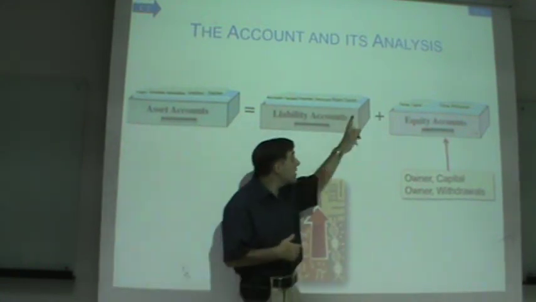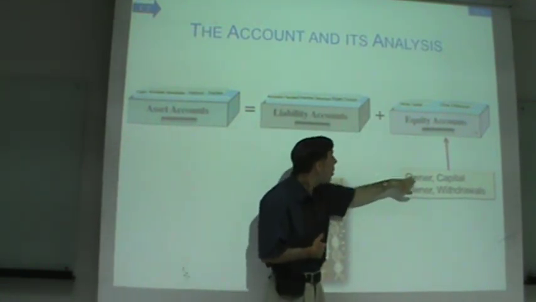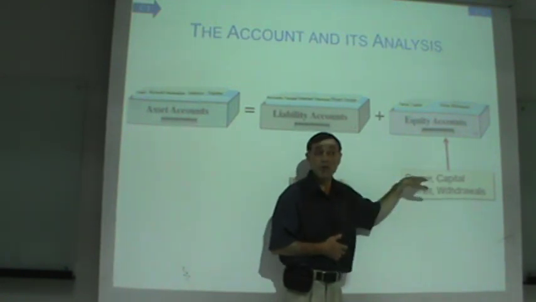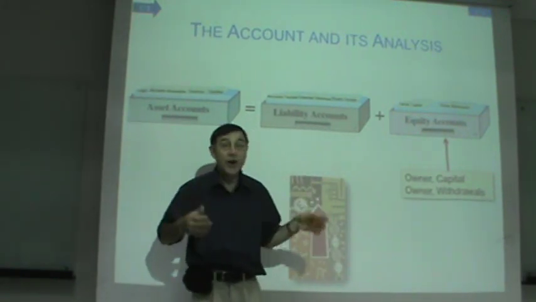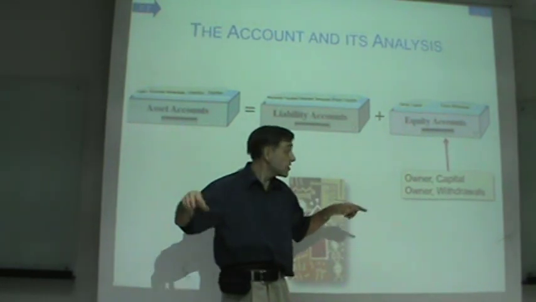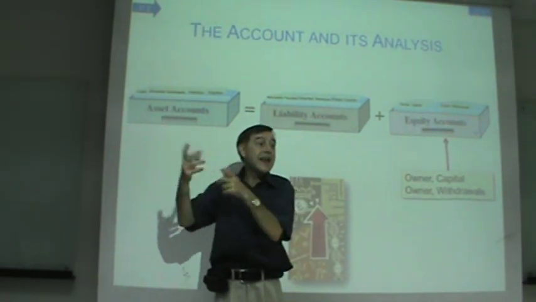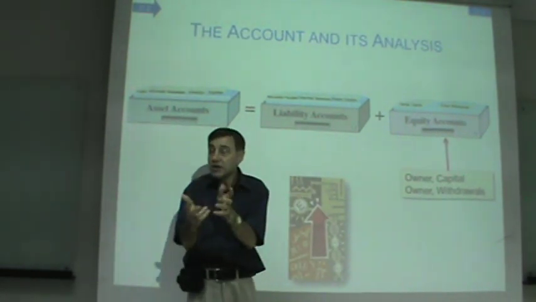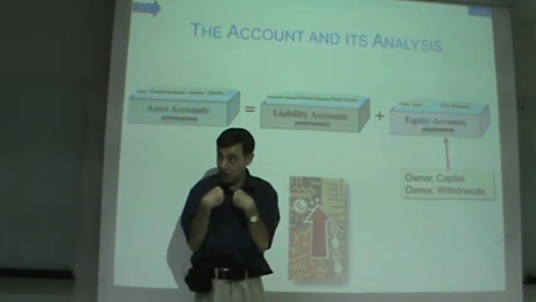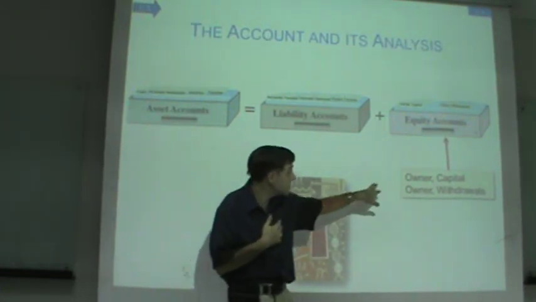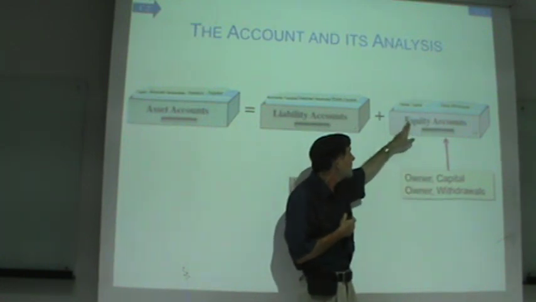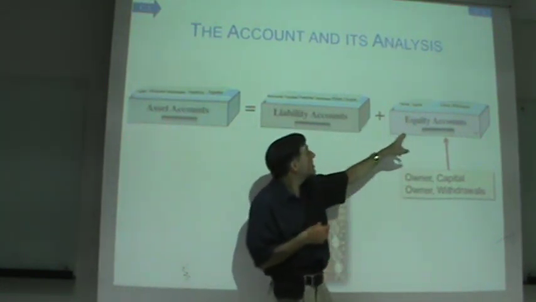Now, the equity account is simply called owner capital. Owner as in John, or as in this case, for the university, it's going to be PSU capital, okay? PSU, the name of the business or the name of the person who owns the business, and you say capital. So that's the equity.